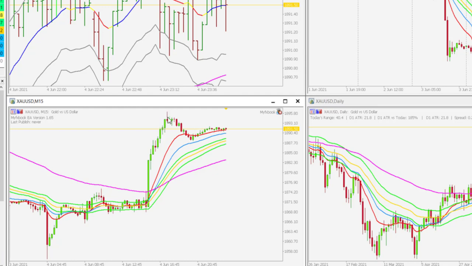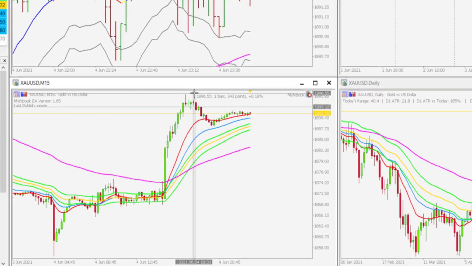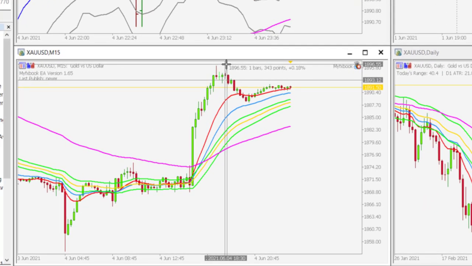Then what do we get? We got a reversal pattern here, the long tail reversal pattern, and would have put on an entry there, knowing that our risk is going to be around, for one standard lot, about $340. Now, your account might not allow you to do one standard lot, but for one standard lot, that is the risk.